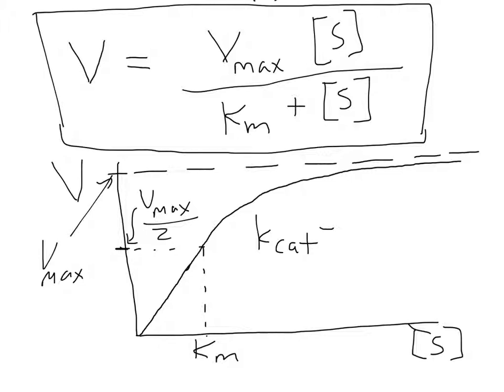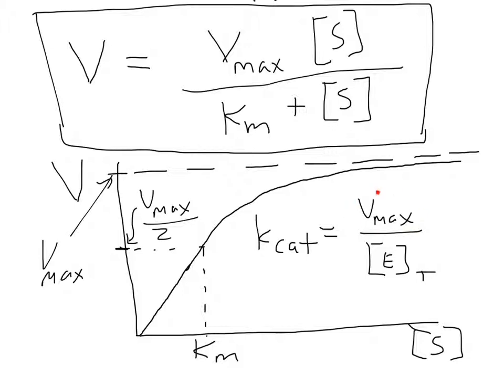And you can see that kcat in this case is just going to be the Vmax divided by the total enzyme concentration. Why is that? Remember that the rate at saturation conditions, right, the rate is Vmax.